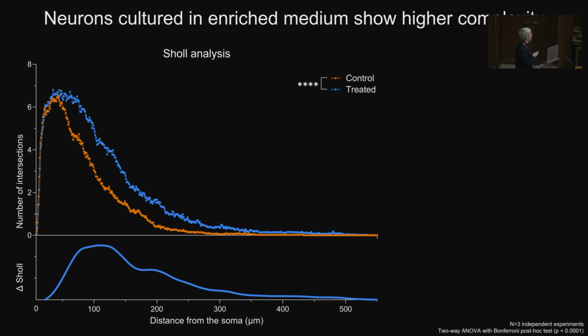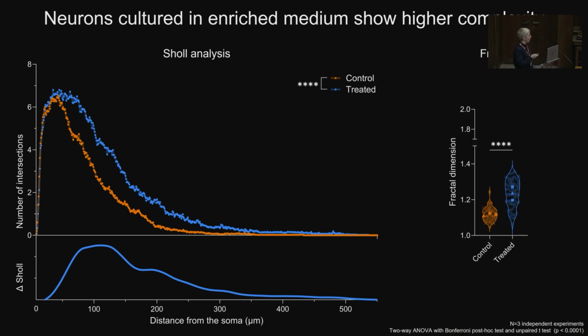So we analyzed our two conditions, and we observed that the neurons cultured in enriched media presented higher complexity and higher branching over different distances from the soma. And the same result was also confirmed when we did the fractal analysis.